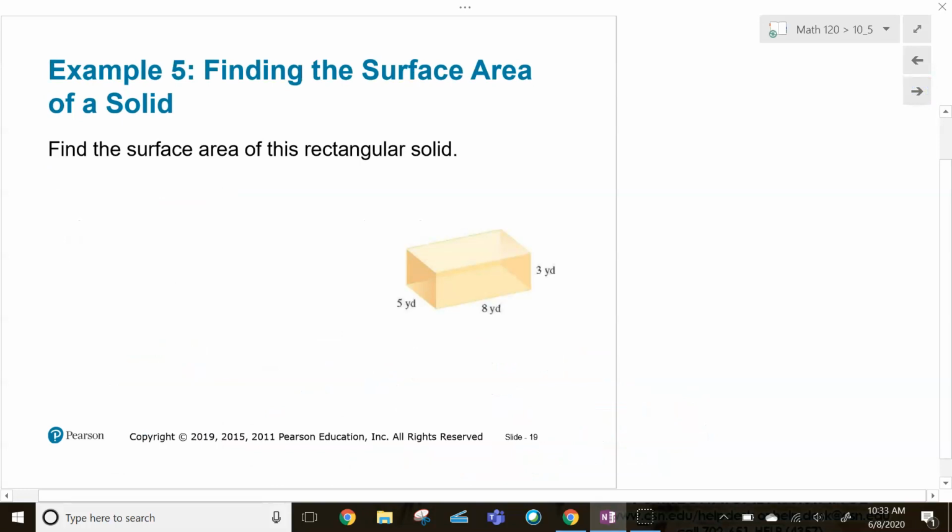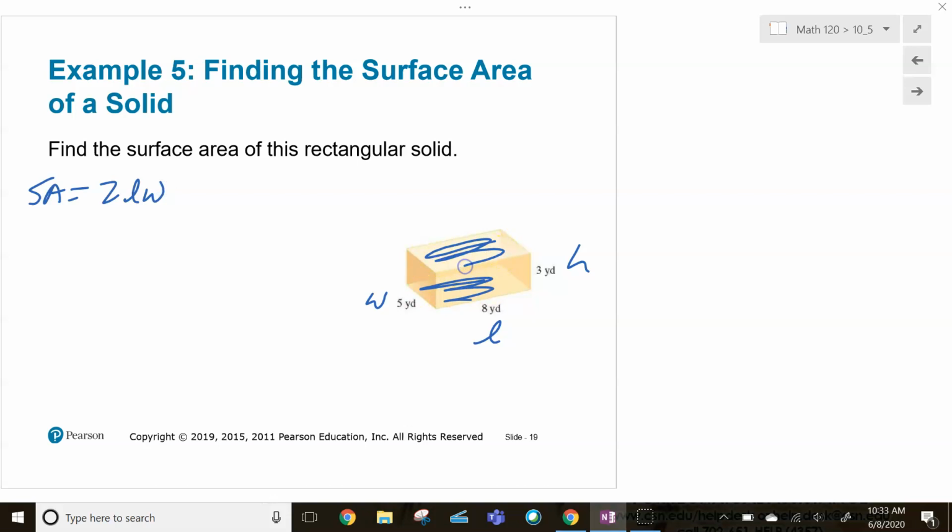Okay. Let's just do the surface area for this rectangular solid. You've got length, width, height. So the surface area is 2 times the length times the width. So that's the bottom and the top, 2 of those. And then 2 times length times height, and there's 2 of the width times height.